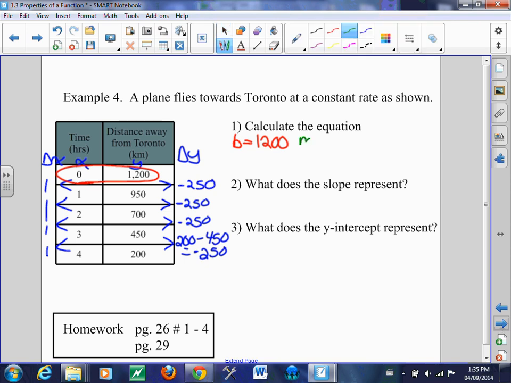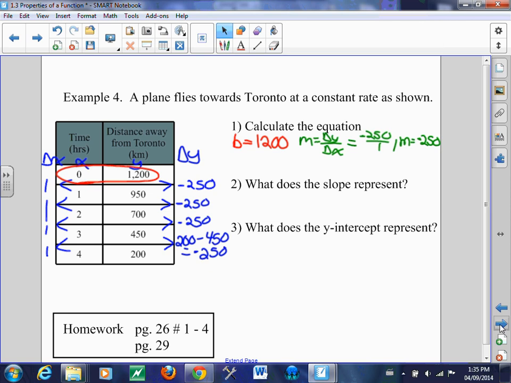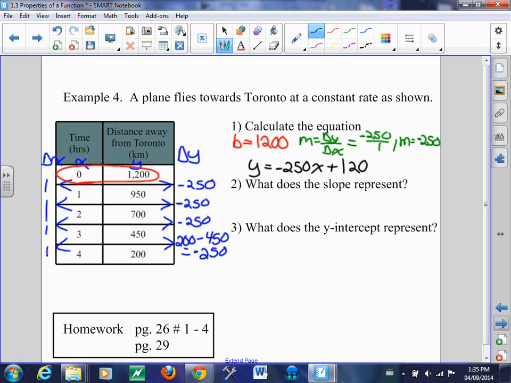The slope equals change in y over change in x. So my change in y is negative 250 over 1, which is your hours. So m equals negative 250. So the equation is y equals negative 250x plus 1200.